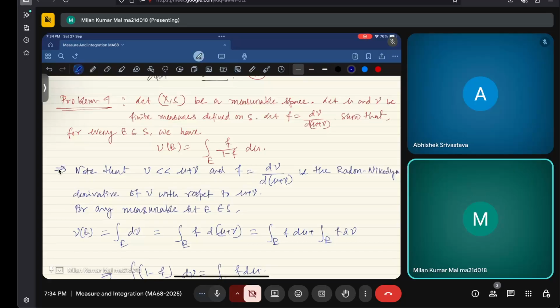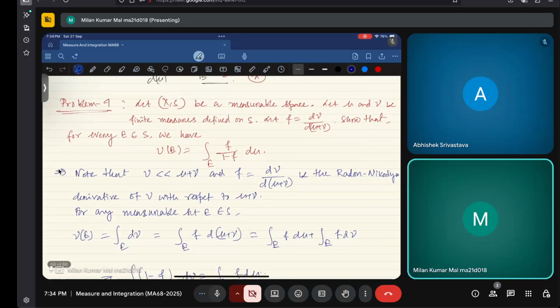We need here, if nu is absolutely continuous with respect to mu, so that this is what we need.